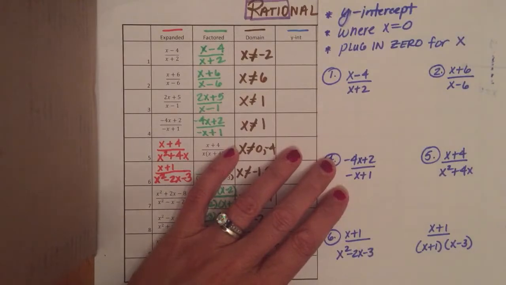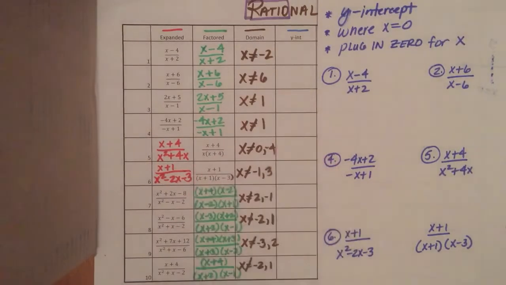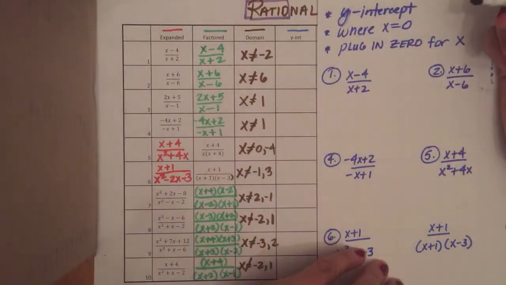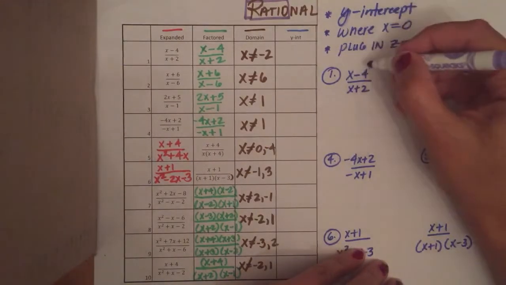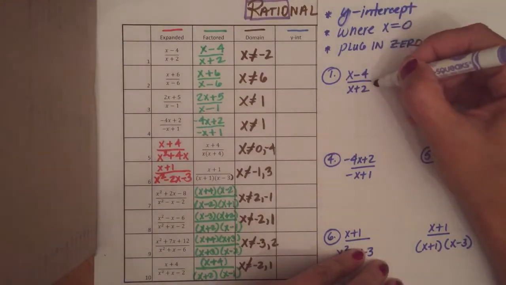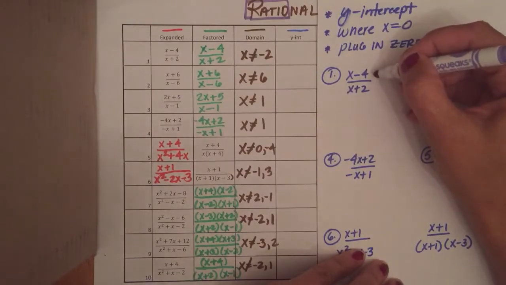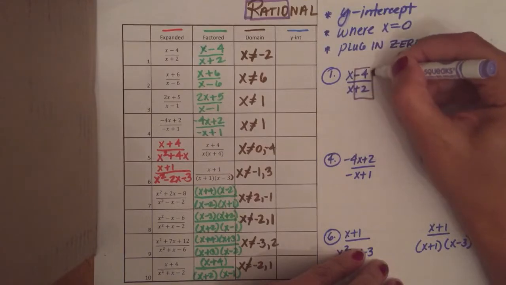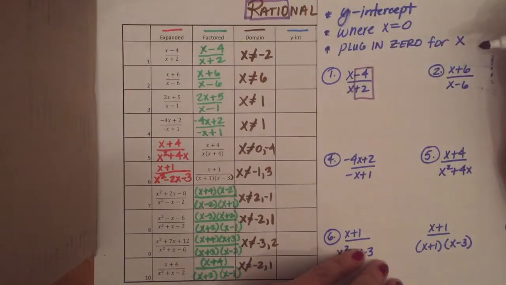When you plug in 0 for x, you're pretty much eliminating all of the x terms because they're all going to become zeros. So we look at the last two constants on the numerator and the denominator. In this case, for number 1, I have -4 over +2.